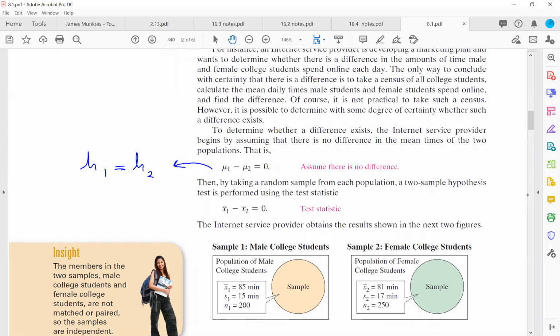As usual, when it comes to populations, we have to work with a test statistic coming from the first population and from the second population. So you're going to say, hey, x1 bar, the first sample mean, is equal to x2 bar, the second sample mean.